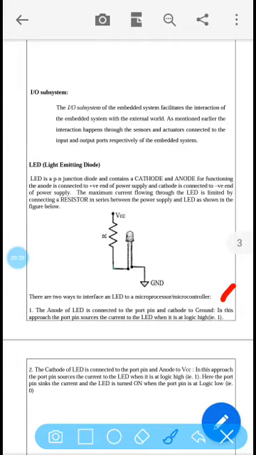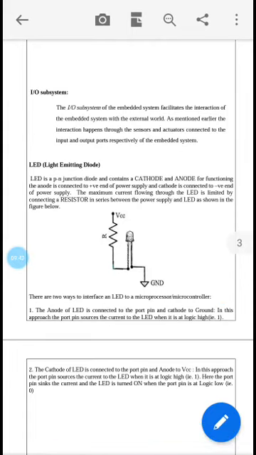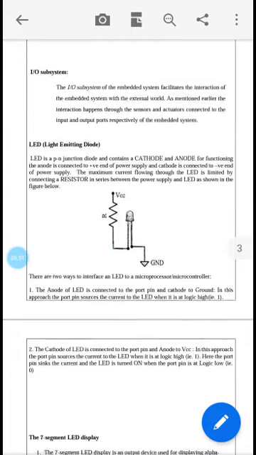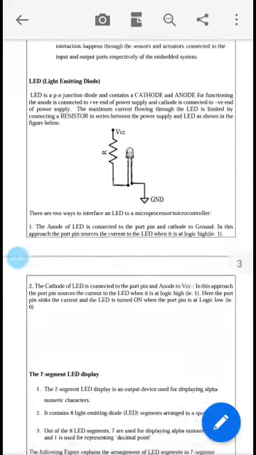The second way to interface an LED with a microprocessor or microcontroller is that the cathode of the LED should be connected to the port pin and the anode to VCC. Here the port pin sinks the current and the LED is turned on when the port pin is at logic low, that is 0.